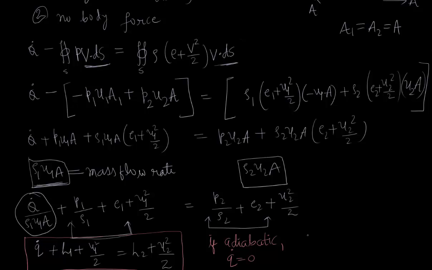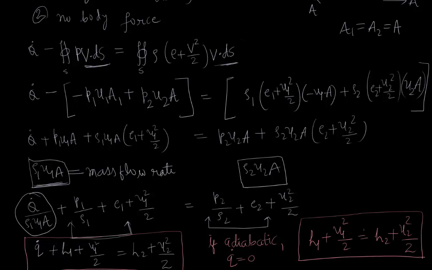Our final adiabatic energy equation will become H1 plus U1 square by 2 is equal to H2 plus U2 square by 2. So for adiabatic process or adiabatic flow, we will use this energy equation, and for non-adiabatic, where Q dot is not equal to 0, heat transfer rate between the fluid and the surrounding is not equal to 0, we will use this non-adiabatic energy equation.